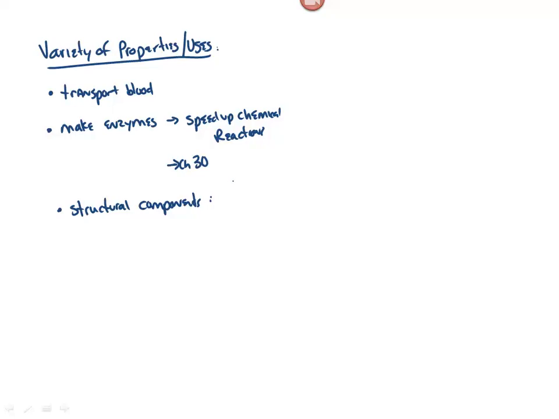Here, these can make things as varied as spider silk, feather, hair, hooves, silk, S-I-L-K. You've heard of silk before?